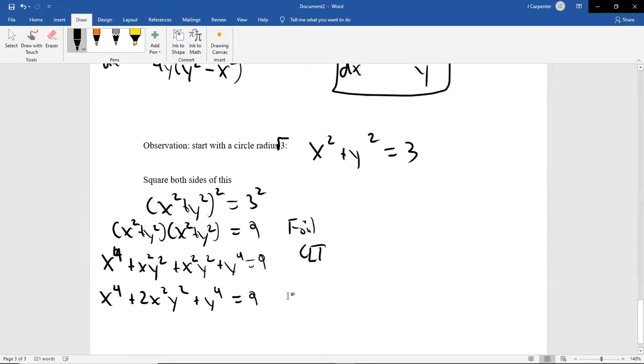So we just took an equation of a circle, squared both sides, and we got basically the same thing. It's just a circle that's been squared on both sides.